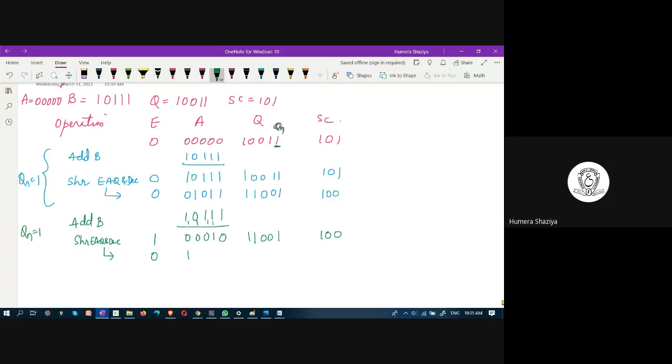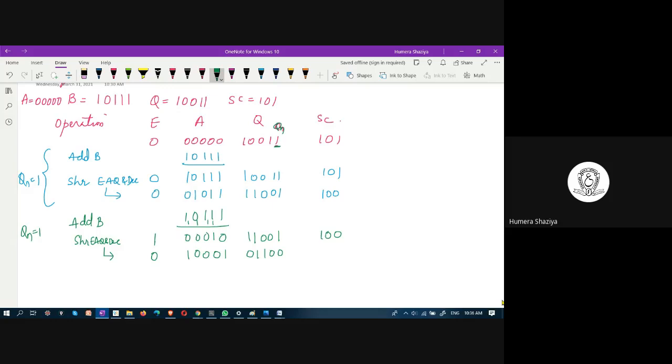This one is moved to A, and this is 0 0 0 1, then 0 1 1 0 0. 1 is out, serial out.